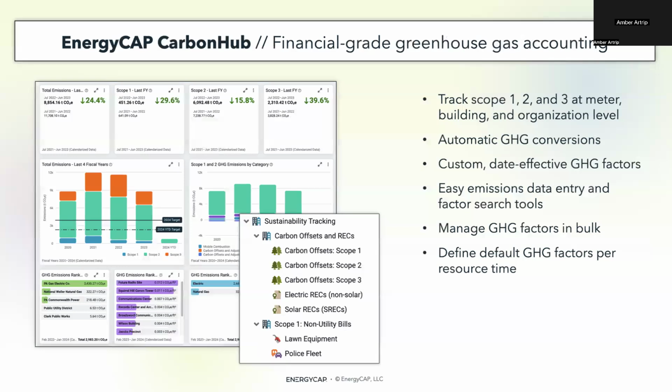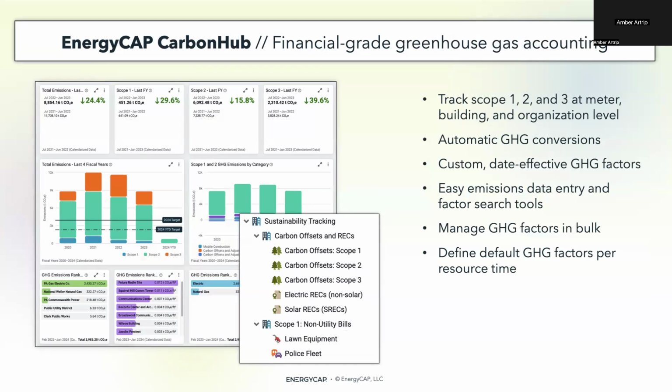And then you can also add in additional scope 3 emissions data so that you can view everything all in one place at the building, meter, or organization level, you name it. You can apply these automatic GHG conversions. You can control what types of calculations you would like to use on each meter and each emission type.